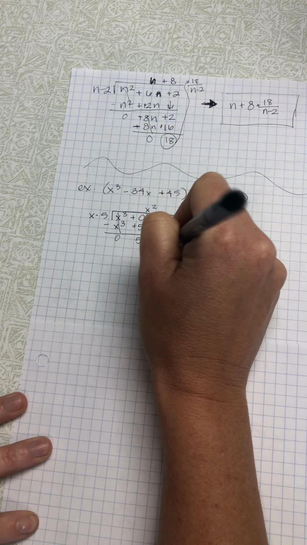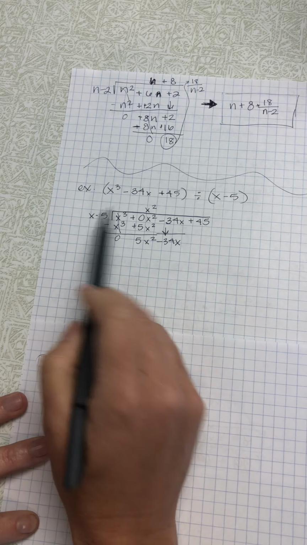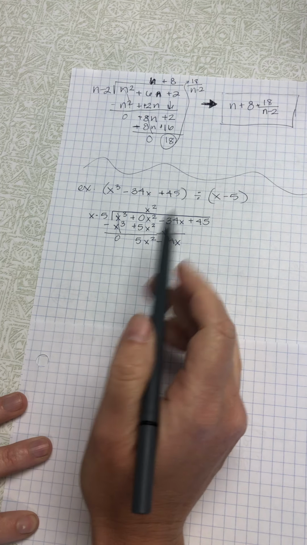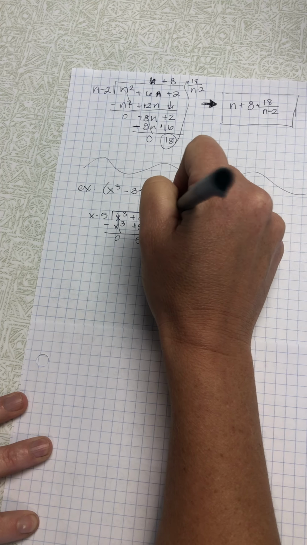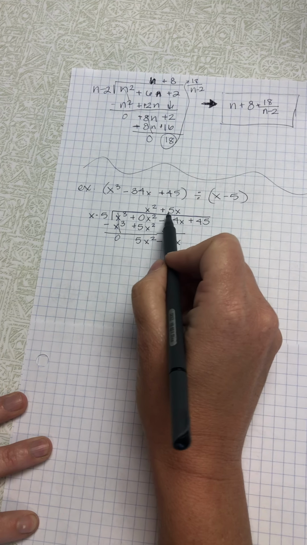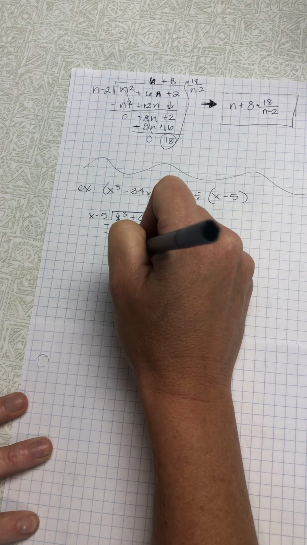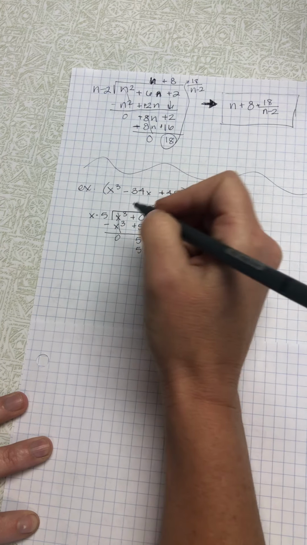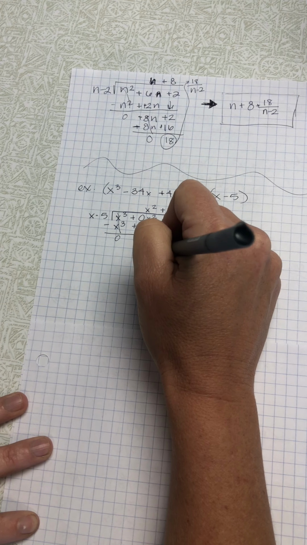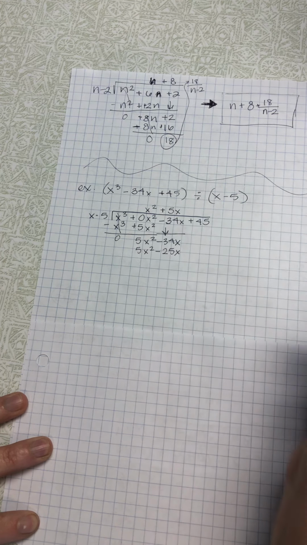negative 34x. x times what will get me 5x squared? 5x. 5x times x is 5x squared. 5x times negative 5 is negative 25x.